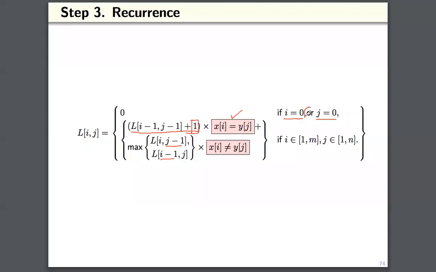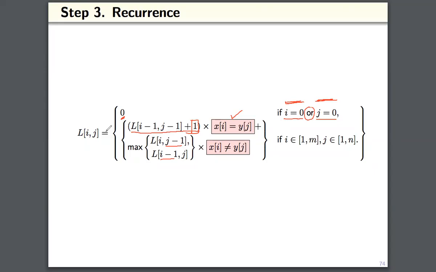Hence the 0th row and the 0th column will both be zeros. Make sense?